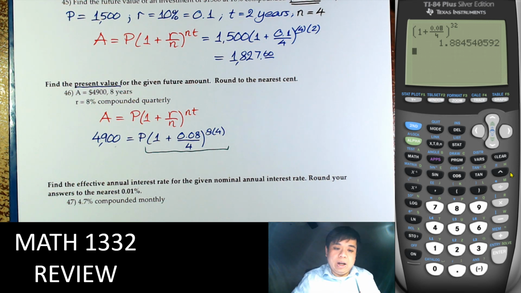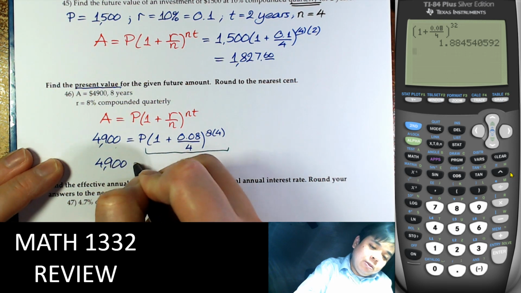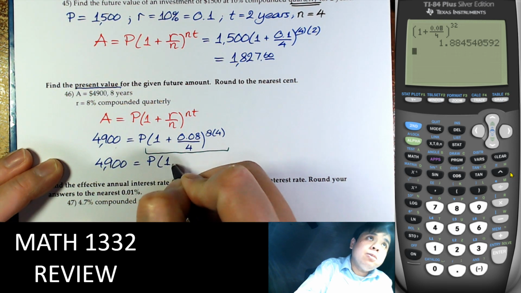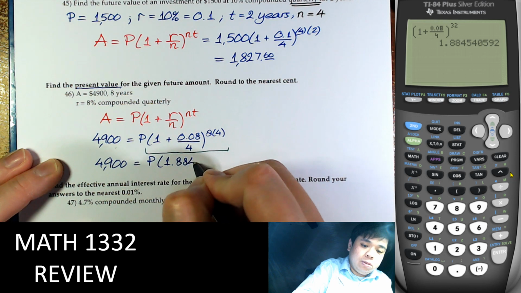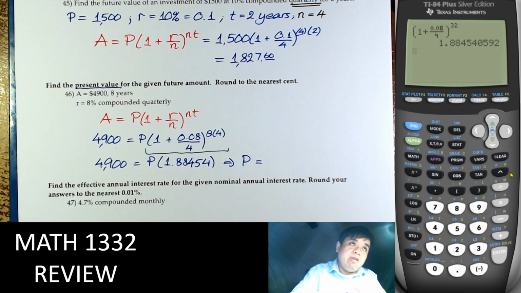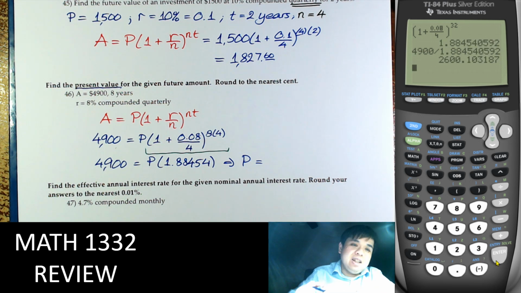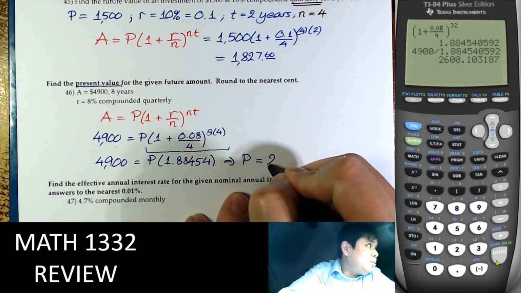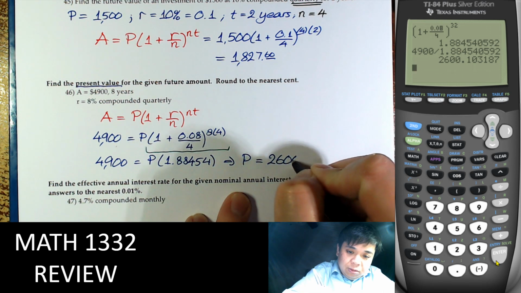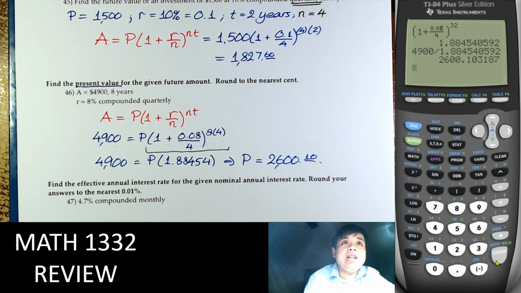So we have 1.88. Just write that out. So to get P, we just divide that 4900 by that number. Highlight, enter, copy and paste. 2600 and 10 cents. So that's simple enough.